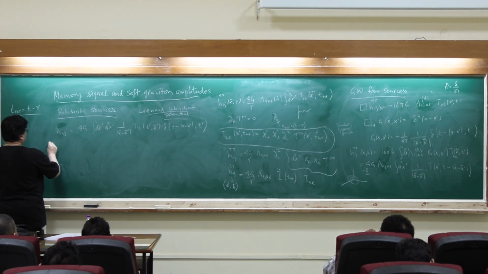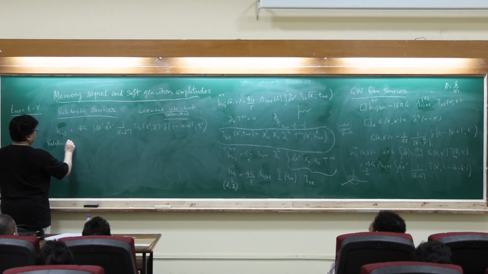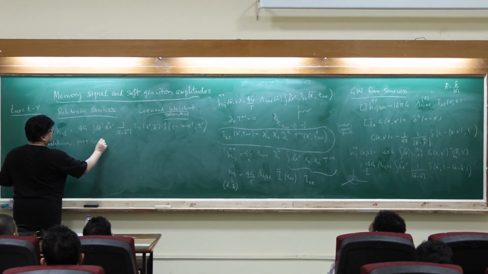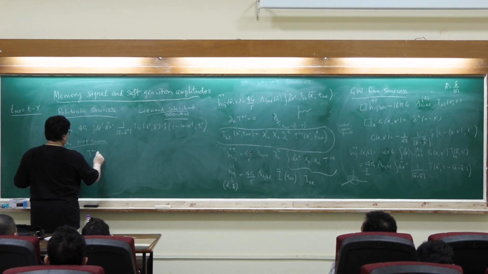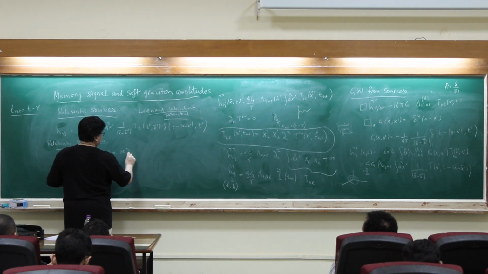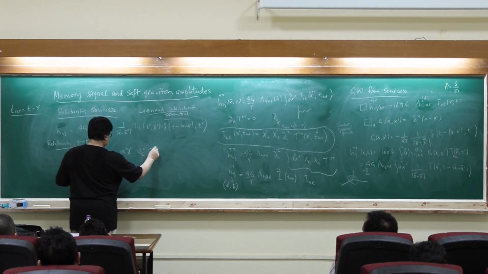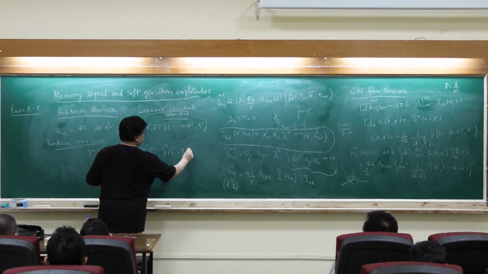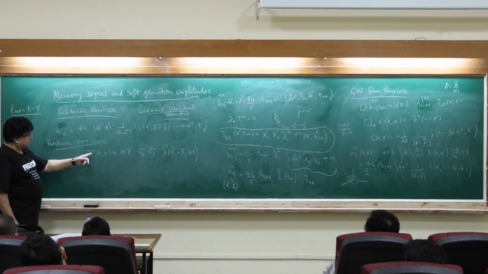Now let's talk about a moving point source. Then the stress tensor T mu nu is mass times the Lorentz factor times the velocity components.